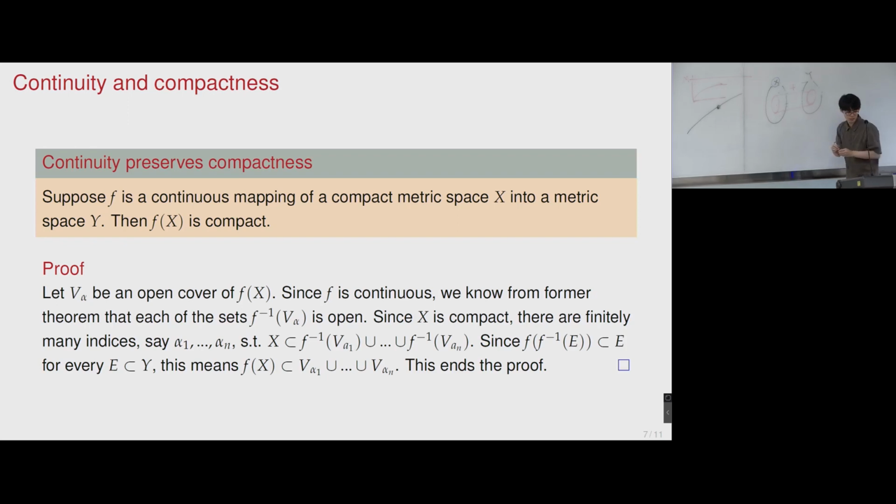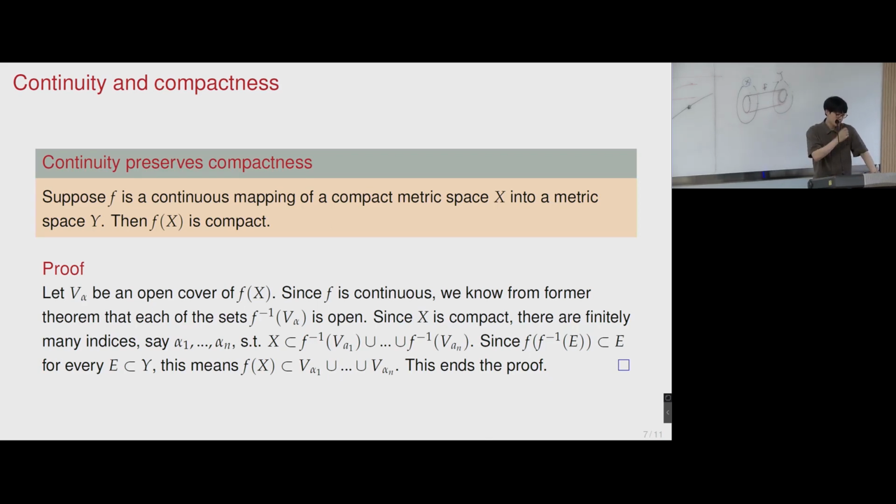What this tells us is that continuity preserves compactness. That is, if this is compact, and if f is continuous, this image set is also going to be compact. So the property of compactness is preserved by continuity. That's why the continuity concept is very important, because it preserves a lot of the good properties into other sets.